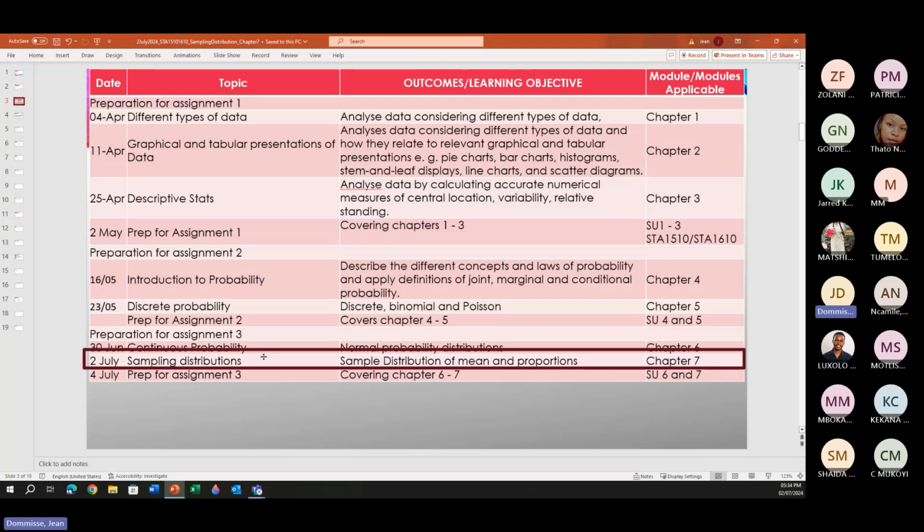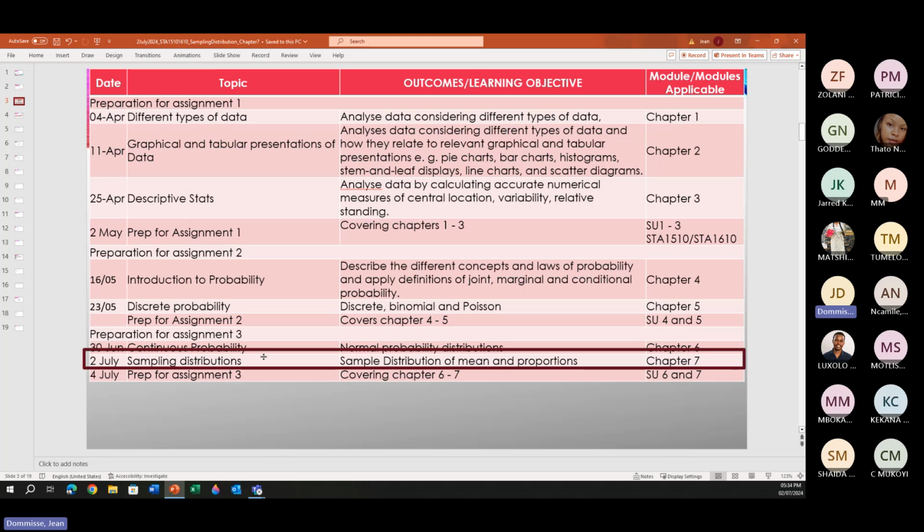That is what we are going to do in chapter 7. It is nearly the whole time going to look at the sample distribution.